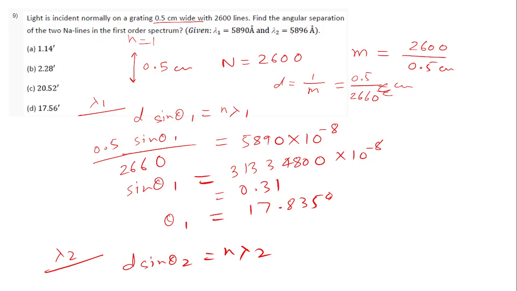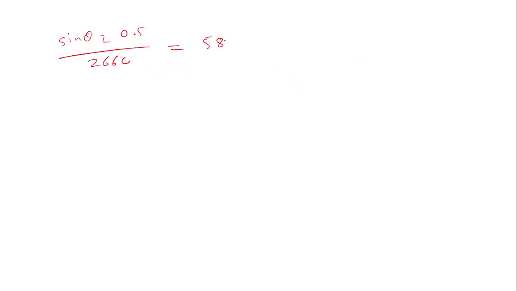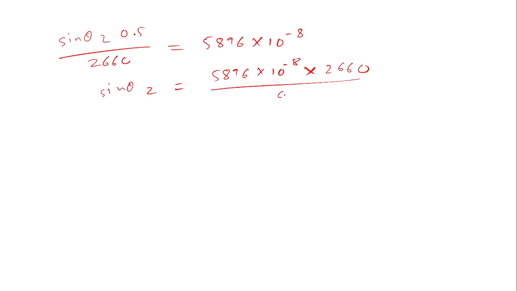Maybe because I didn't save, I don't know what happened. 5896 times 10 to the power minus 8. And sine theta 2, we got 5896 times 10 to the power minus 8 times 2660 divided by 0.5. So out of this, theta 2 we'll calculate, it will be 17.854 degrees.